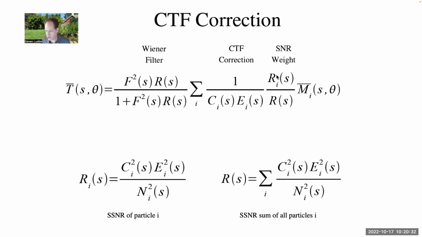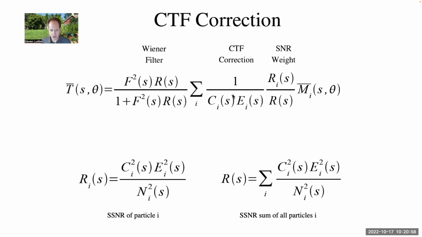The signal-to-noise ratio weight handles the fact that if you have one image which has no information at a particular point and another image which has a lot of information, then you want to use the information and throw away the no information, right? So you want to weight the images based on how much relative information they have. If they both have the same amount of information at a given point, then you want to weight them equally. But if one has more, then it should be weighted higher.